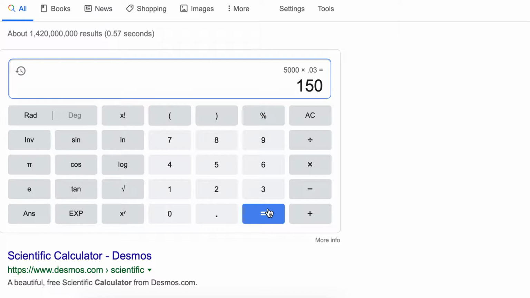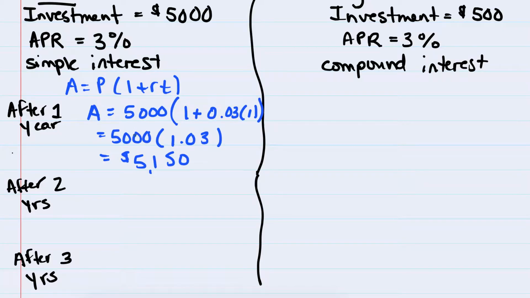So this $150 is on top of the $5,000 that's already in the account. So he's going to have $5,000 in the account plus this 3%. And this one here is to let us know that we need to keep the $5,000, because if we just put the 0.03, we just get the $150, but we're going to have the $5,000 and $150. So 3% interest is $150 for $5,000.